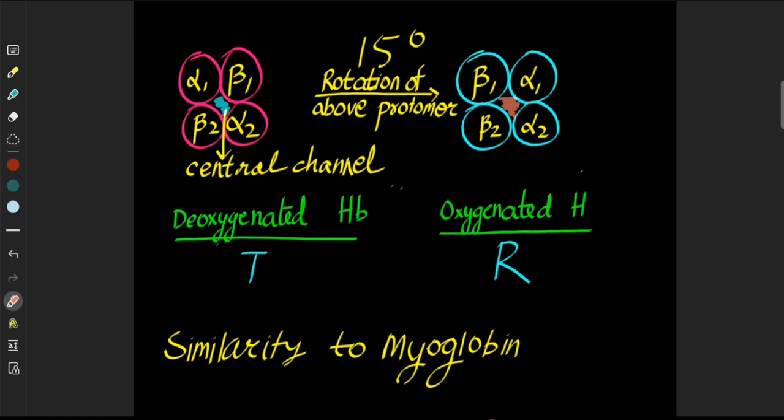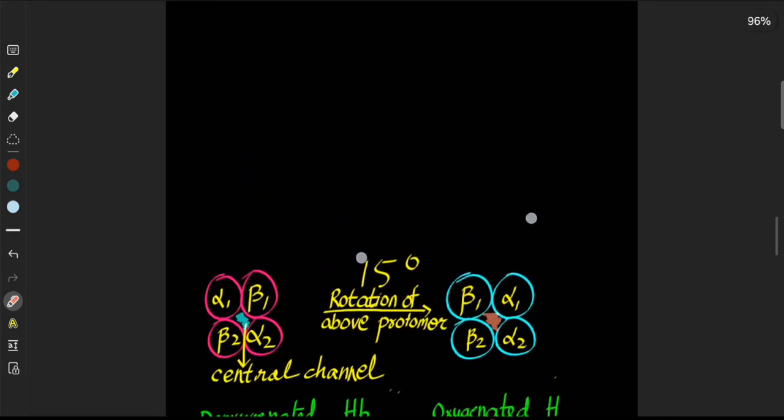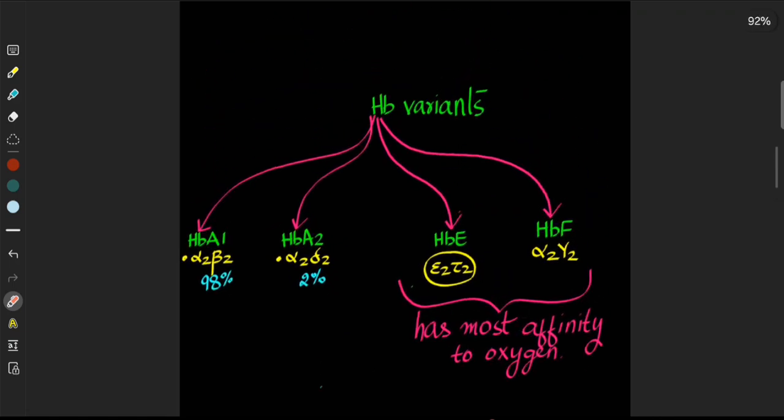And then today we learned about the structure of hemoglobin, how hemoglobin rotation takes place, how many types of variants are present in hemoglobin, which has the most affinity to oxygen, and why is that, right?